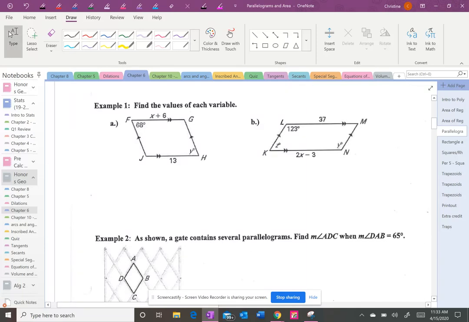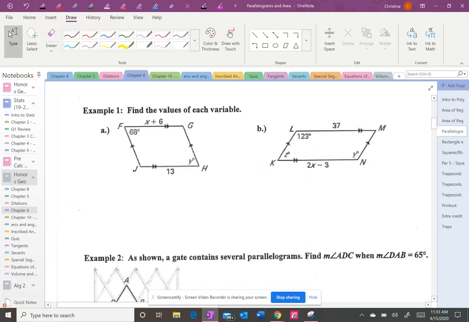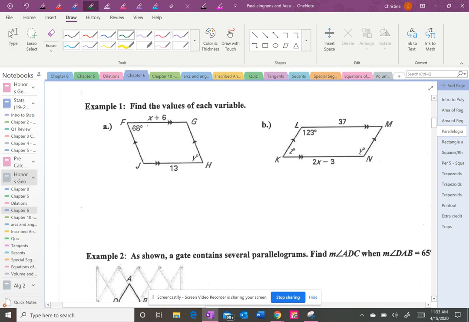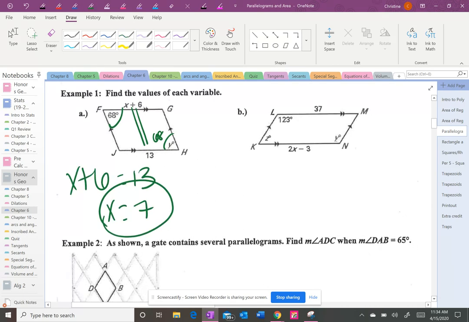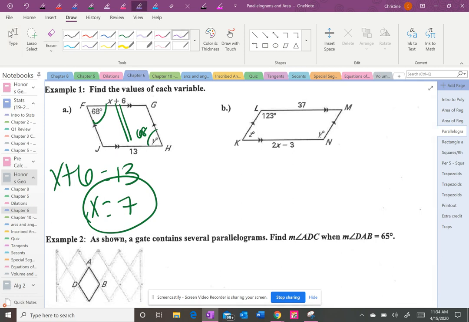So a few quick problems. If this is 68, this angle is 68. We'll do it on the next one. The opposite sides are equal, so you're literally just going to set this equal to this. What plus 6 is 13, x equals 7. Same thing for the other one, opposite angles are congruent.